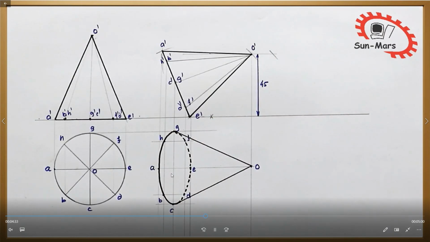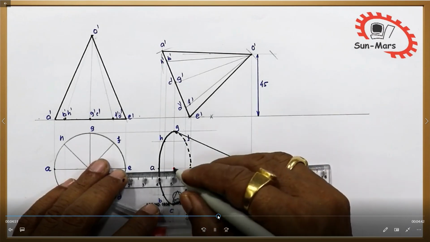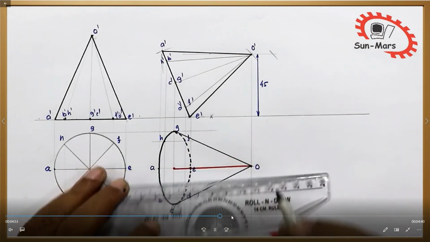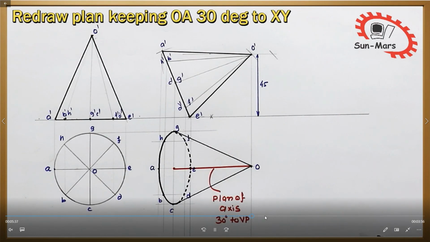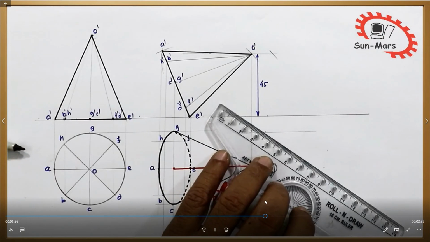And next, this second stage top view, incline to VP. Incline to VP, that is 30 degrees. So this axis is inclined to VP 30 degrees. Need to draw the axis line here 30 degrees to XY this way.